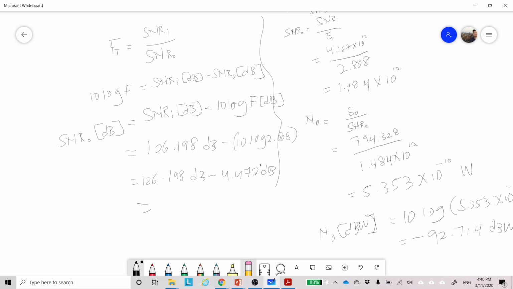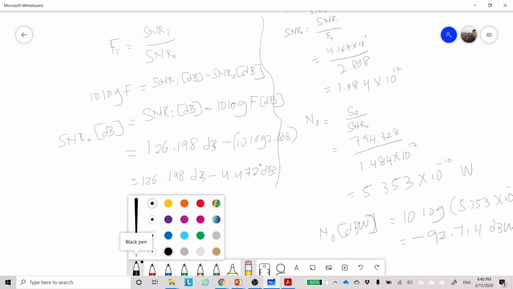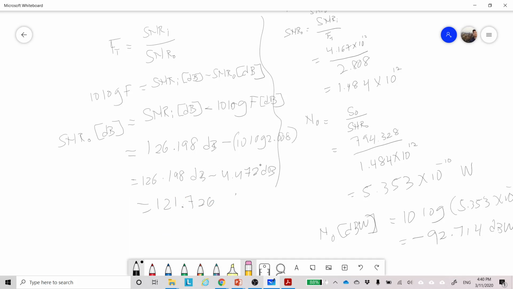So you akan dapat bersamaan dengan 121.726 dB. Okay.